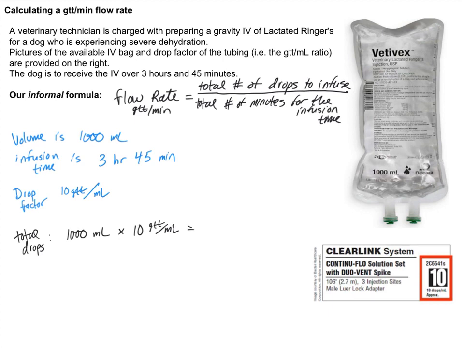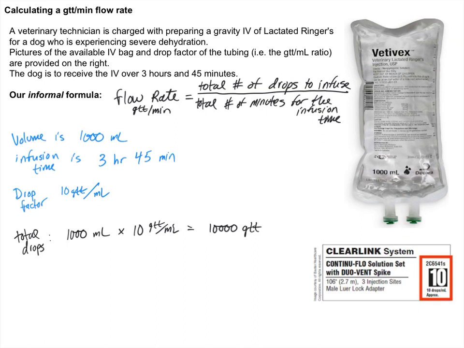You can set that up with ratios. But a drop factor is just the number of drops in each milliliter. So if I have 1,000 milliliters, each broken into 10, I need to multiply, and I find that there are 10,000 drops in this bag. So once the dog receives this entire bag, there will have been 10,000 drops falling and being infused into the dog.